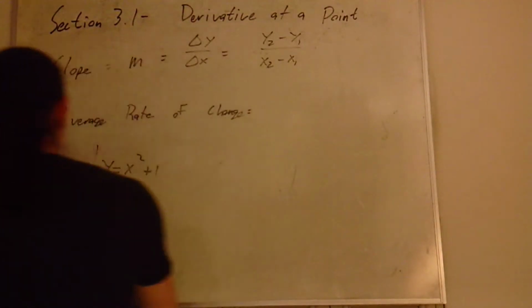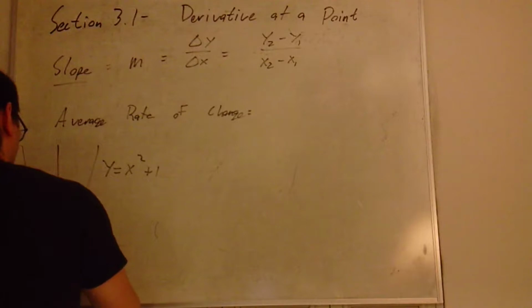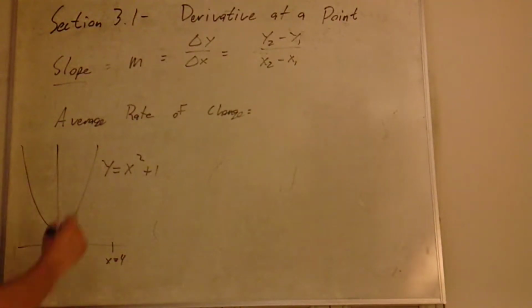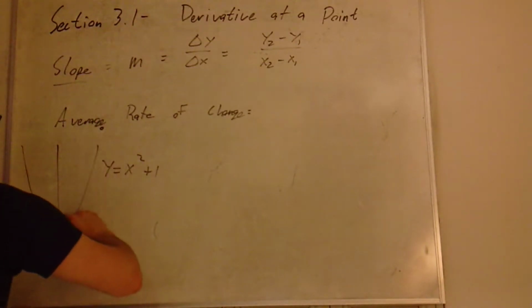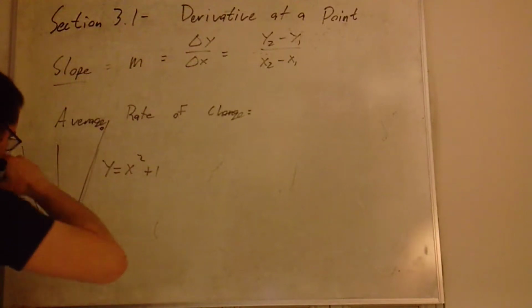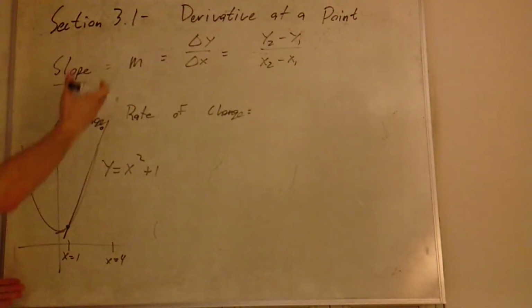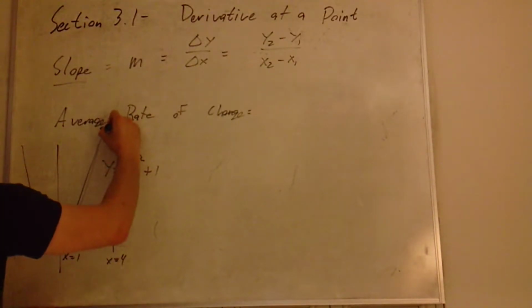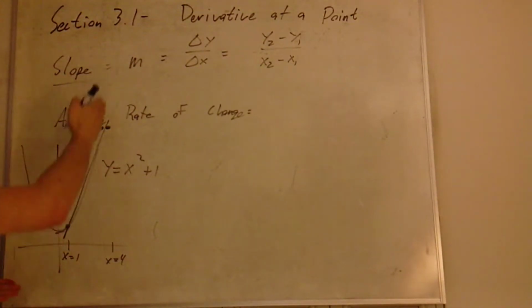So we might start off with something like x equals 1, and way over here we'll go with x equals 4. It's not going to match this curve perfectly. We can get a straight line between these 2 points on the graph.